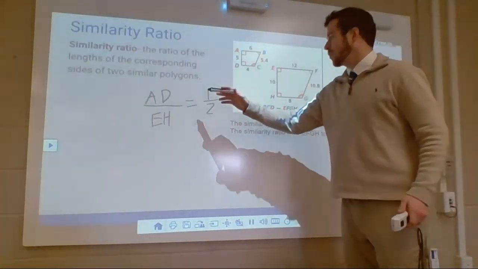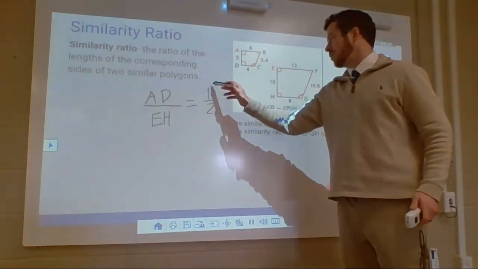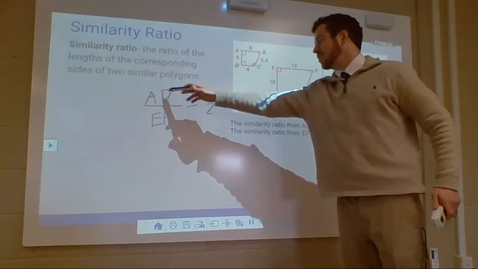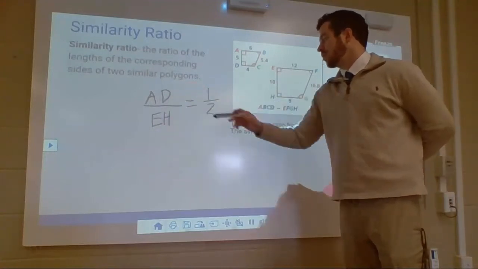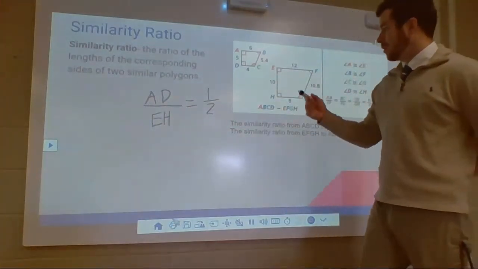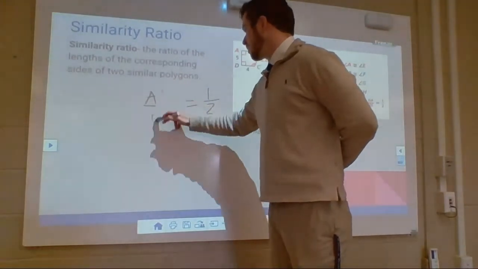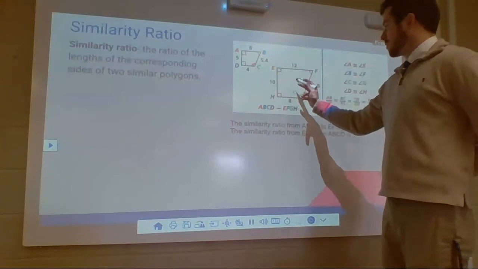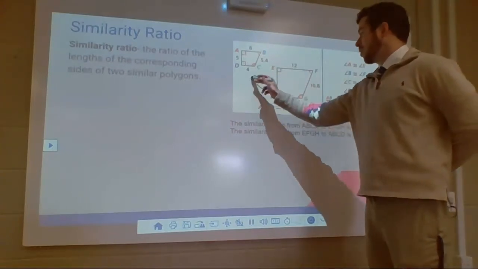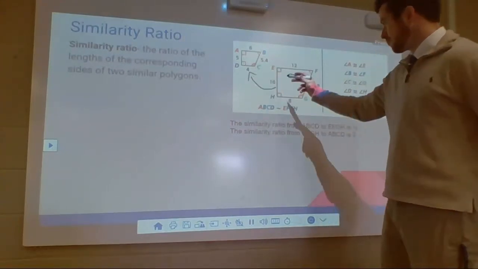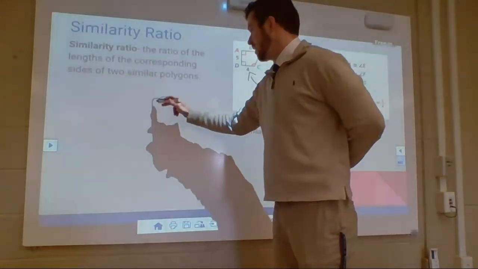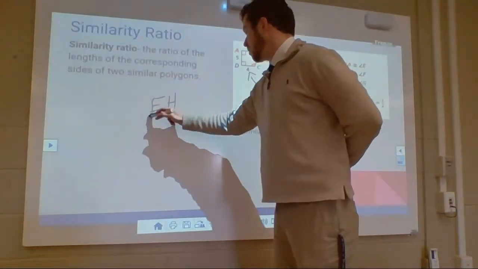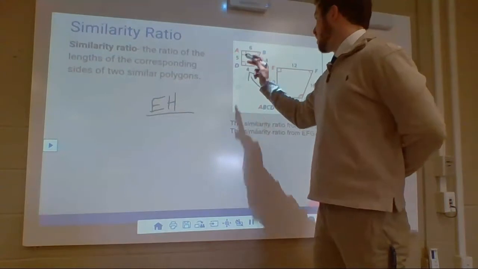So we compared the smaller polygon to the larger polygon. Well, let's say we compared the larger polygon to the smaller polygon. So let's say we're going from the larger to the smaller. Let's just compare EH to AD this time.